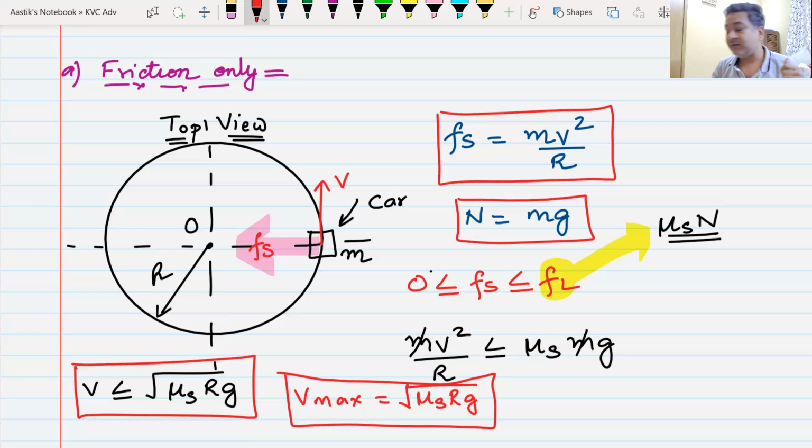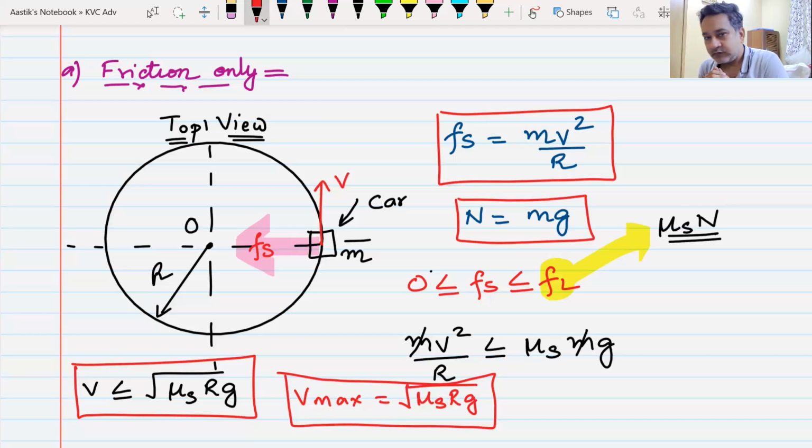So this is the maximum speed with which you can turn your car without slipping. When the car starts to slip, the friction is kinetic, and then you are at the grace of God. When your car will stop, only God will decide. No brakes, nothing, because kinetic friction cannot stop your car. It will just keep on sliding. Static friction is what is going to do something for you.